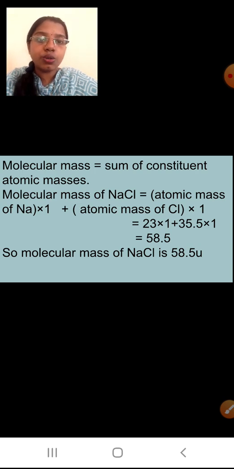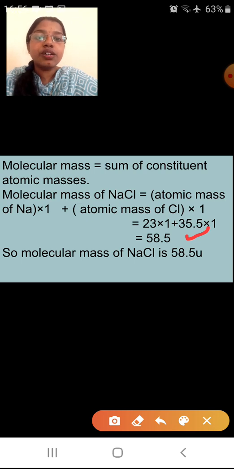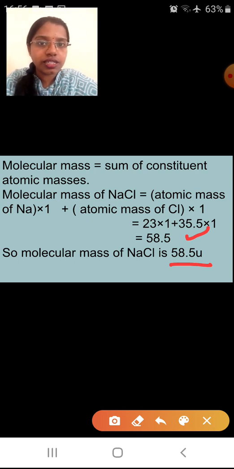So 23 into 1 plus 35.5 into 1. When you do this calculation, what answer do you get? 58.5. So the molecular mass of NaCl is 58.5 U. U is Dalton. Students, did you understand this? We have just substituted in the formula and we got the answer.